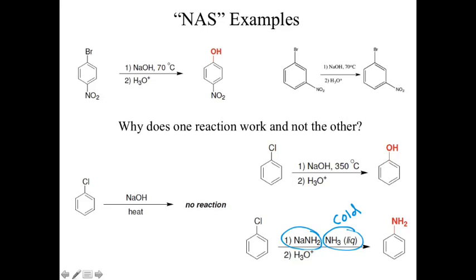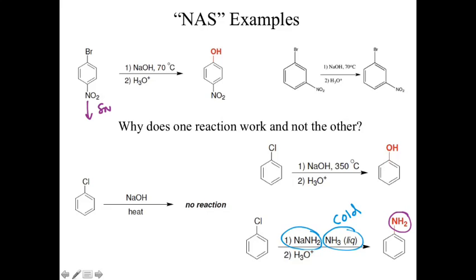Okay, so two pseudo triggers for your NAS mechanism. If you see an OH, it's NAS, period. If you see an NH2 on your ring, it was potentially added through an NAS mechanism. But remember, there's another way you can get the nitro or the NH2 on your ring. Hopefully you remember that. If you get the nitro on, you can then reduce it.